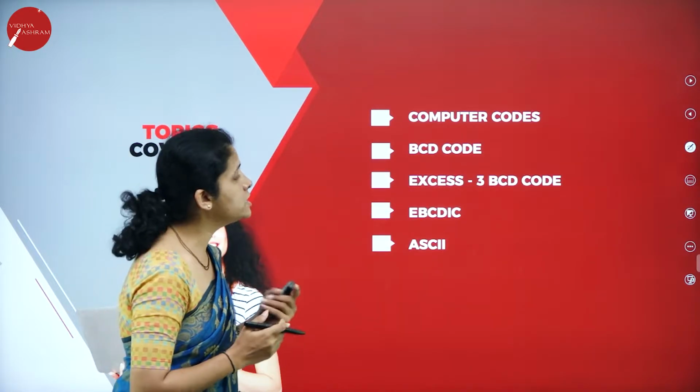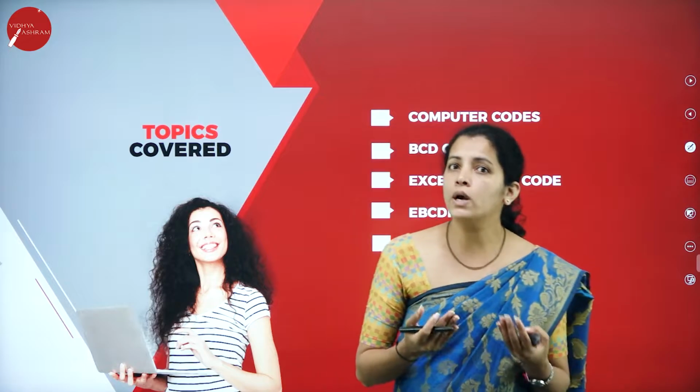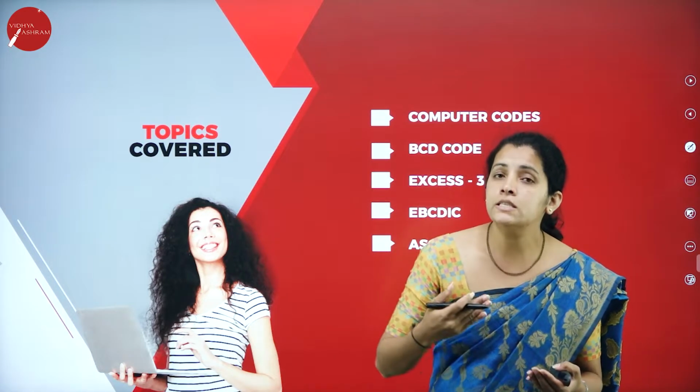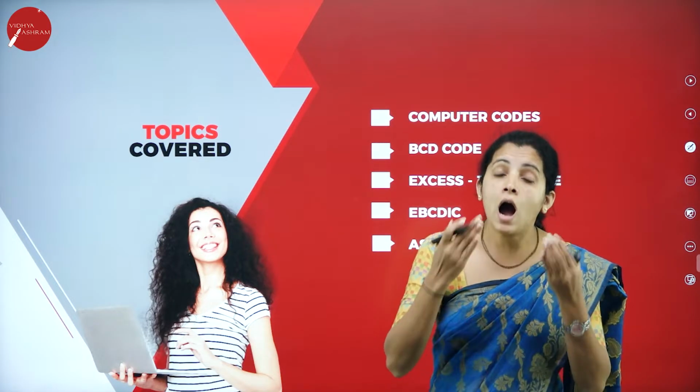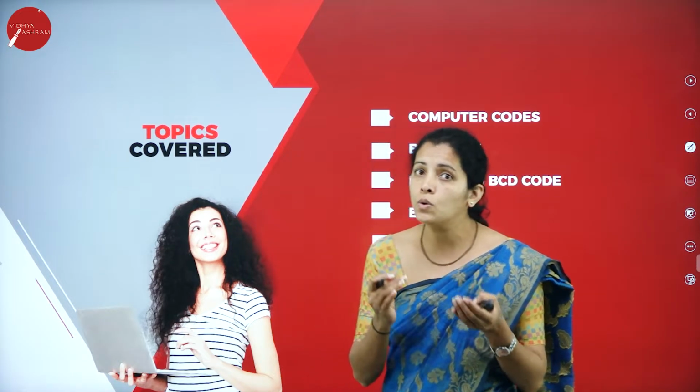But in today's session, we are going to study about computer codes. What is computer code? What is the necessity of computer code? How is the computer able to understand computer code?